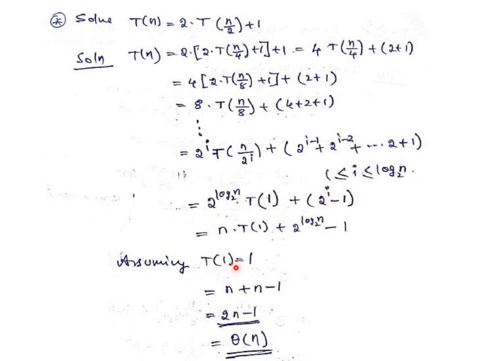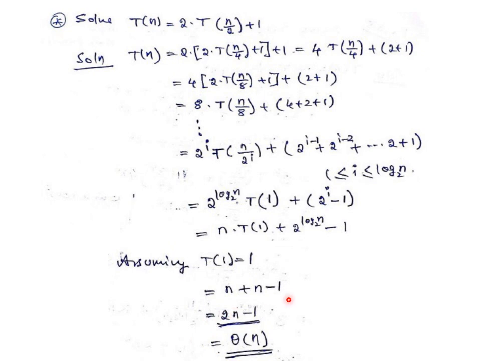Assume that T of 1 is equal to 1. So n plus n minus 1. So what is the value of that? 2n minus 1. So 2 is a constant.